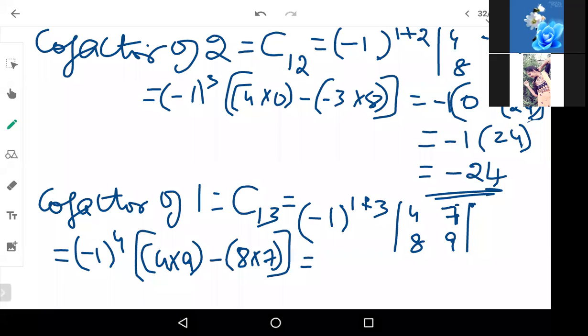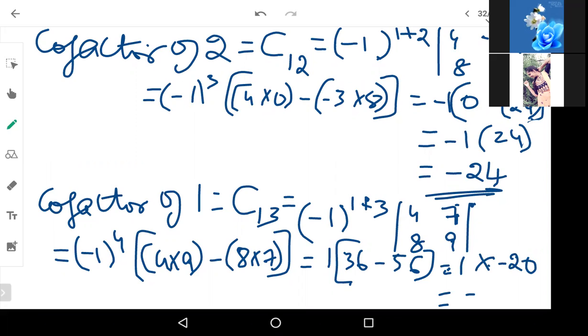So a minus 1 to the power of even number, it will be plus 1. Into 4 nines are 36 minus 8 sevens are 56. So how much do you get? 1 into minus 20 is minus 20. So minus 20 is the cofactor of 1.